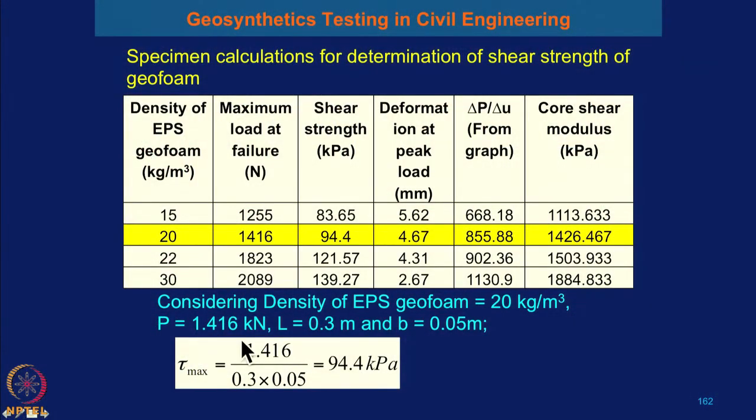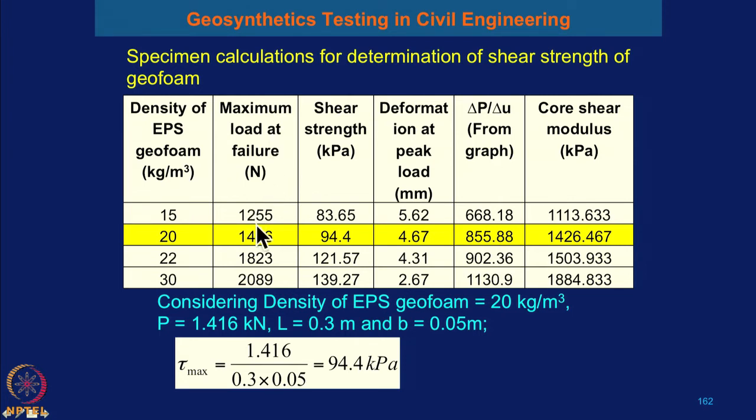I am showing you the table in these slides, how the specimen calculation for the determination of shear strength of the geoform material is done. This is the density of the EPS geoform in kg per meter cube: 15, 20, 22 and 30. This is the maximum load at failure.